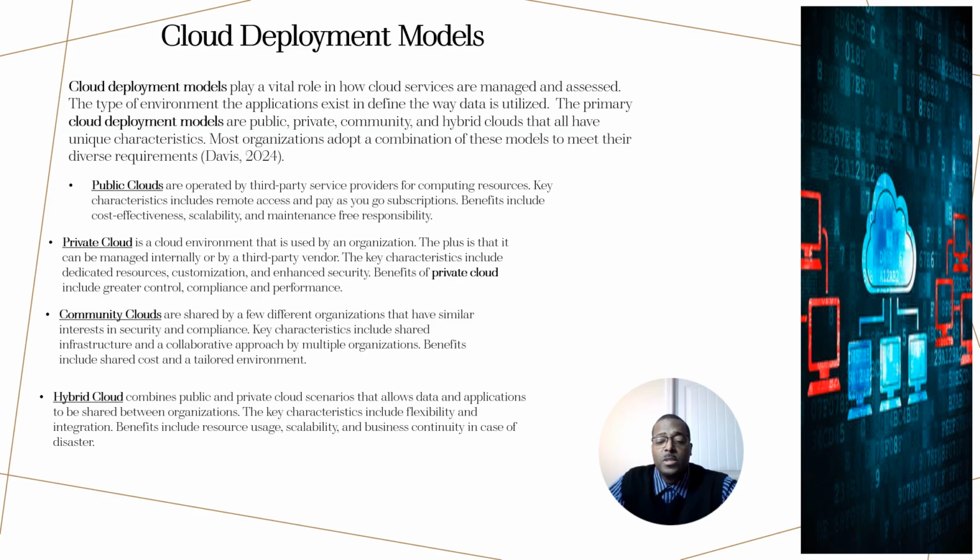The key characteristics include shared infrastructure and a collaborative approach. The benefits include shared cost and a tailored environment. Hybrid cloud is basically a combination of public and private cloud scenarios. The benefits include resource usage and scalability.